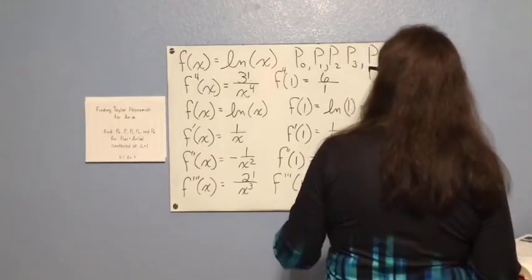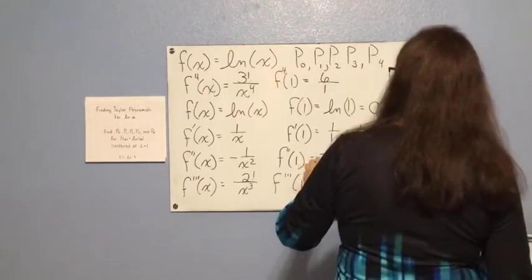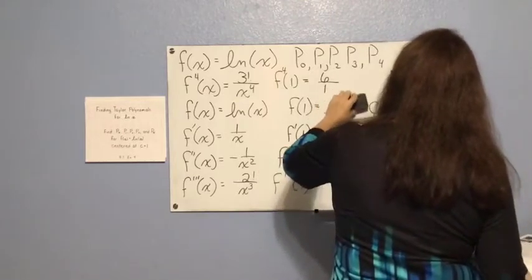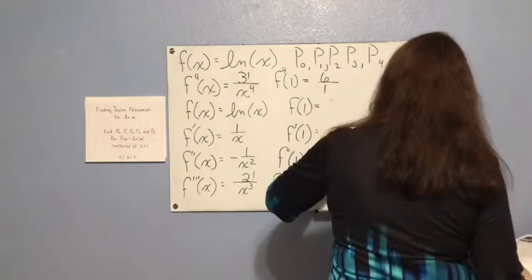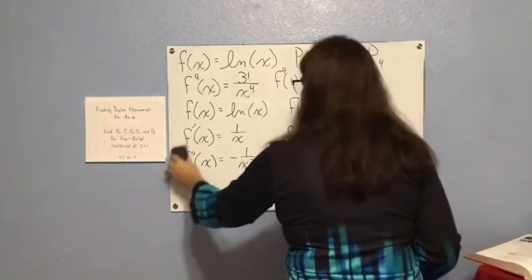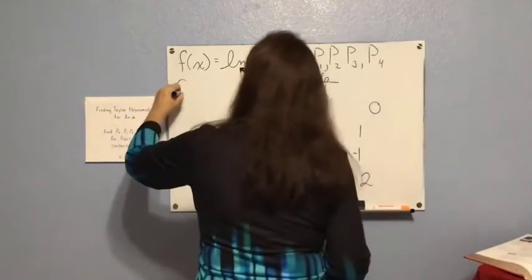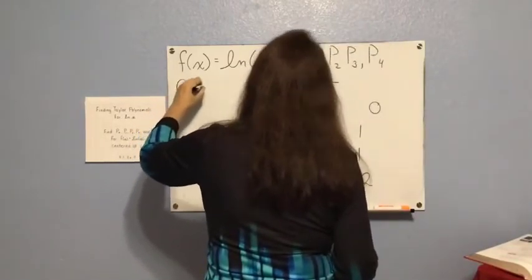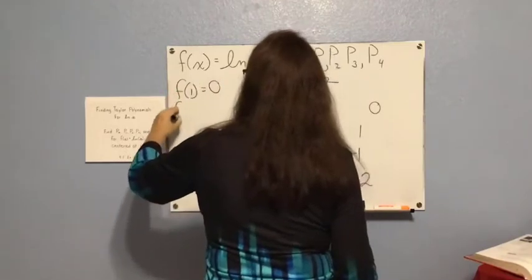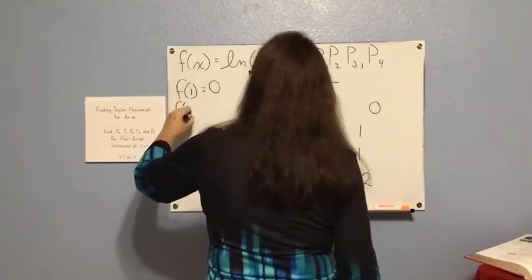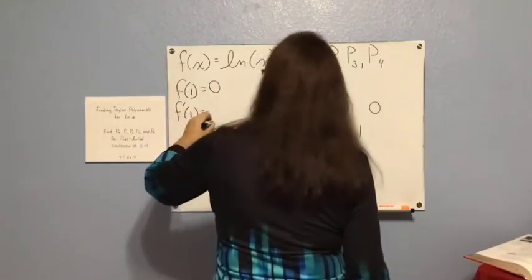Okay, so let's condense this down to what we really need. So f of 1 equals 0. First derivative is 1.